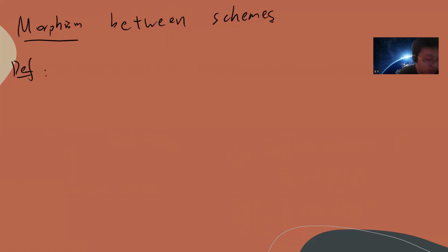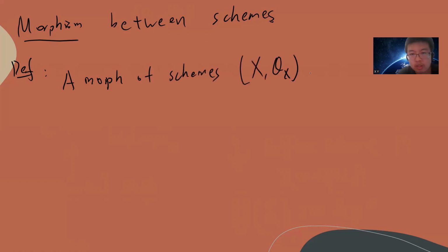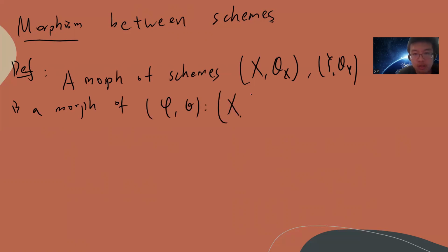Let's see. A morphism of skins, let's say somebody gives you two skins, (X, O_X) and (Y, O_Y), is a morphism (φ, θ) from (X, O_X) to (Y, O_Y) of local ring spaces.